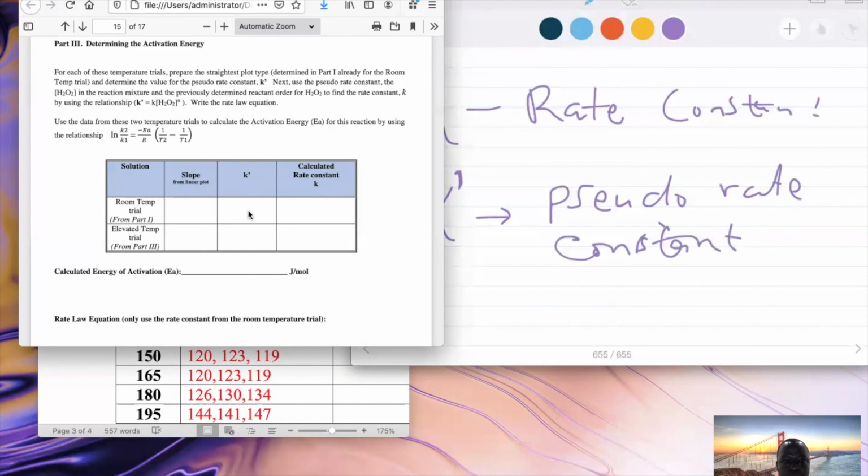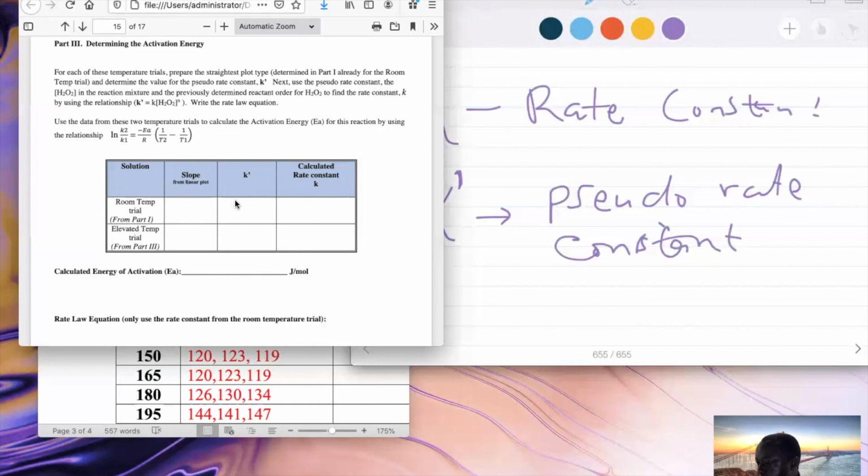How will you end up with a pseudo rate constant with the apostrophe here? Look at the equation here. Since you already know the rate constant from the slope, and you know the concentration of peroxide for run 1 and for run 2, trial 2, you'll plug in the reaction order with respect to that to get the pseudo.